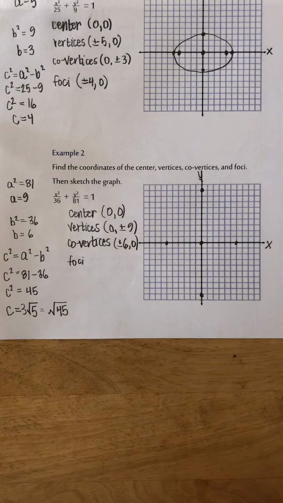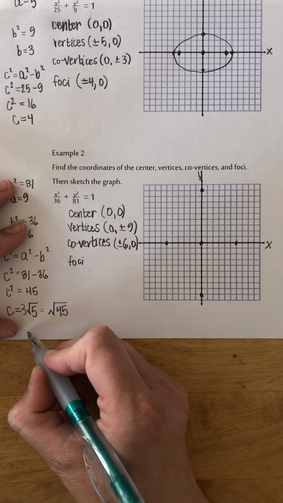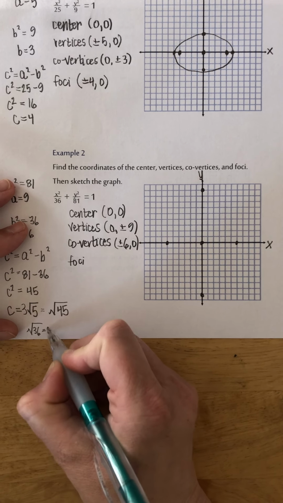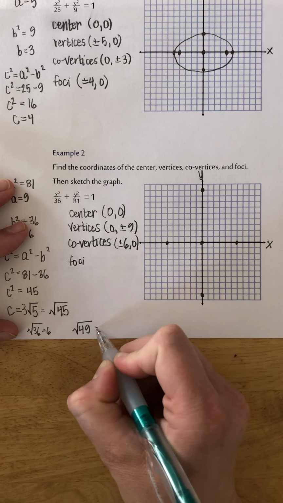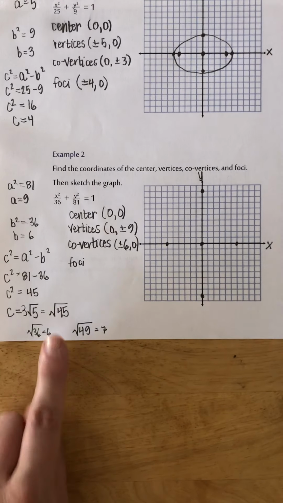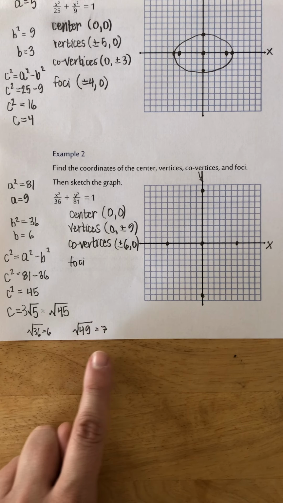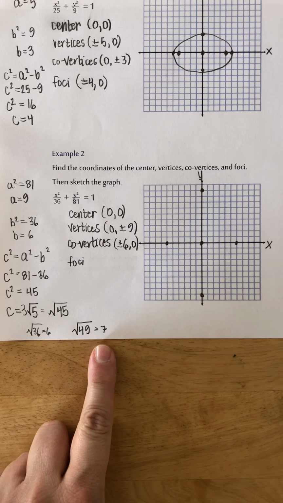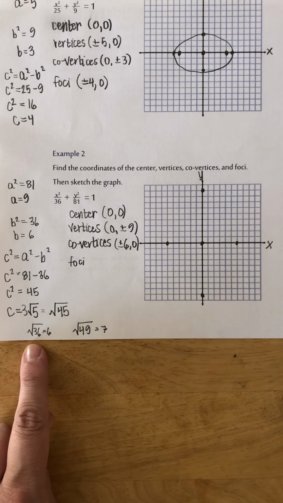So let's talk about the square root of 45. What are some perfect squares that it would be in between? Well, I know the square root of 36 is 6, and I know the square root of 49 is 7. So clearly this number is going to be somewhere in between 6 and 7, and it's going to be closer to the 7 because the 45 is closer to 49 than it is the 36.